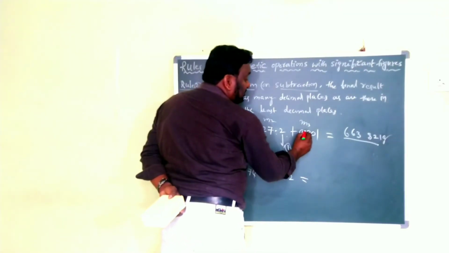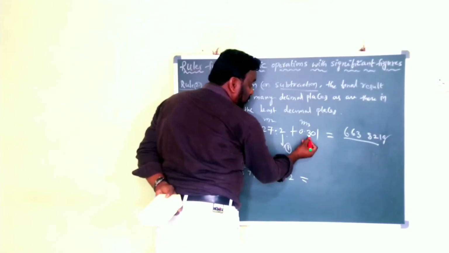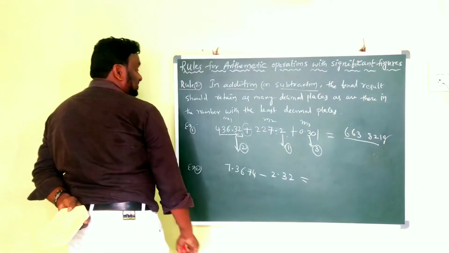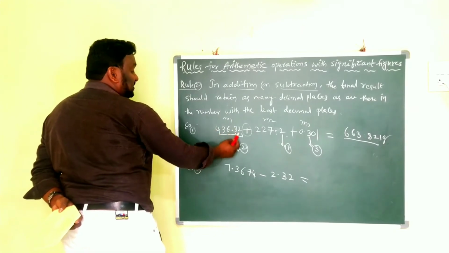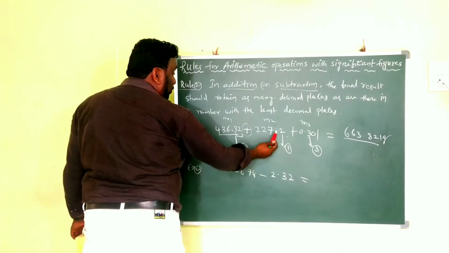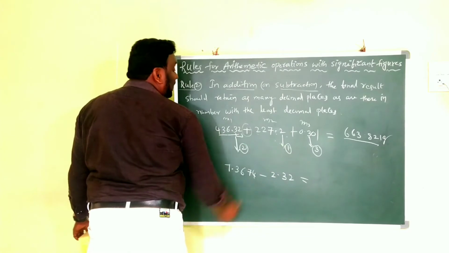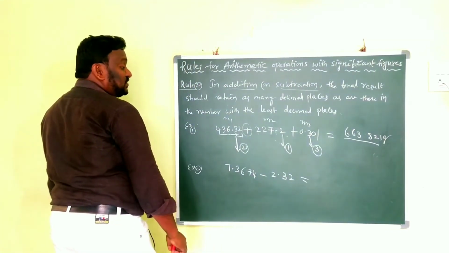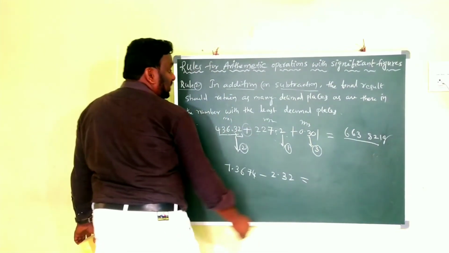And 0.301 has 1, 2, 3, so 3 decimal places. So in M1, 436.32 has 2 decimal places; in 227.2, after the point we have only one digit, that is 2, so the decimal place is 1; and in 0.301 we get 3 decimal places. And here, what is the answer?